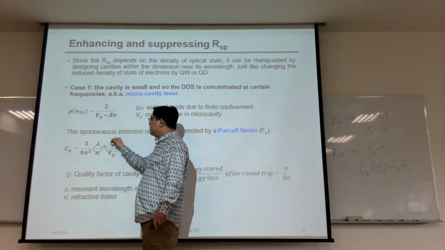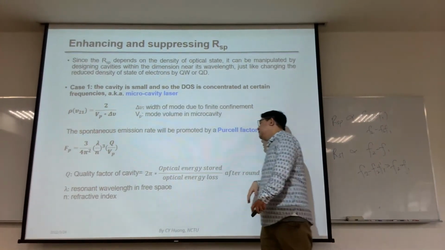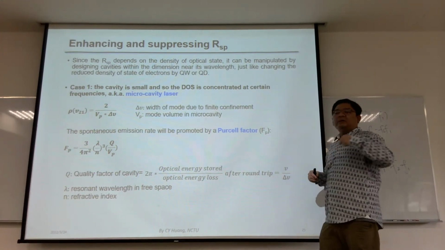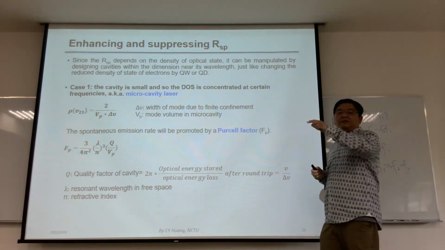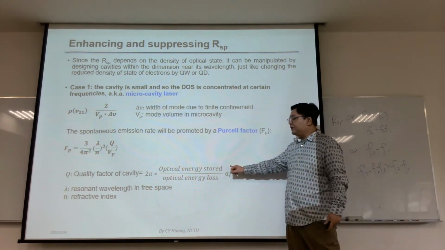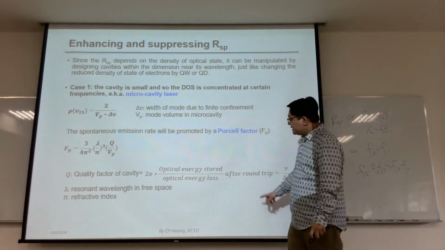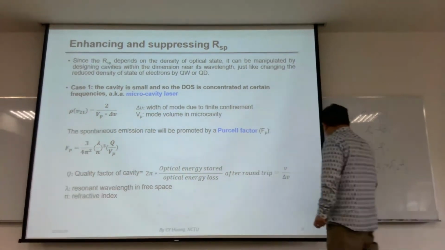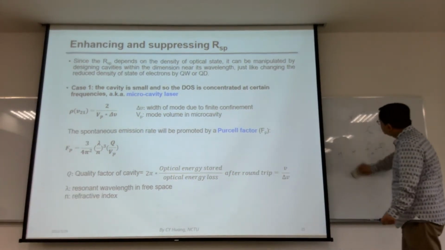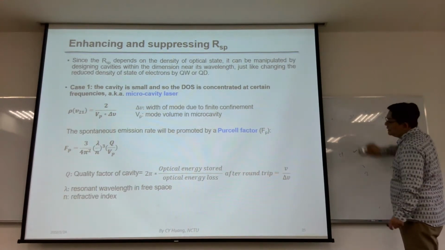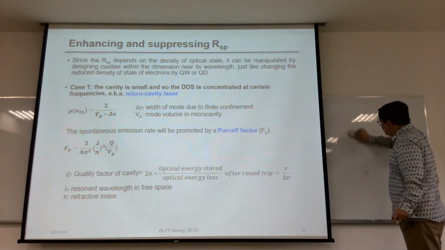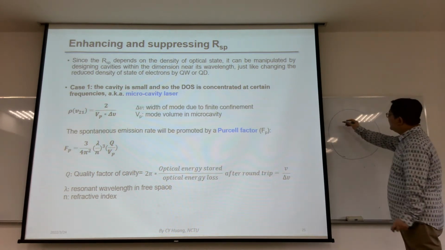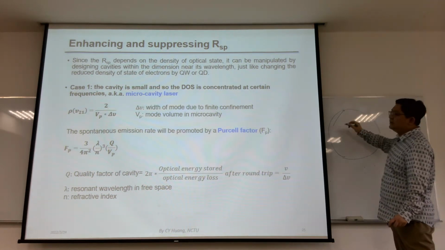But there's an important quality factor. What does quality factor mean? Quality factor means, while the light is circling around your cavity for 1 round, how much energy remains? So it's defined by the optical energy stored over the optical energy loss. Let's make a simple sketch. Let's consider a big disk, and the light is propagating this way.